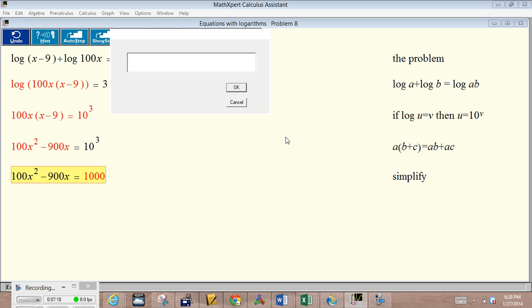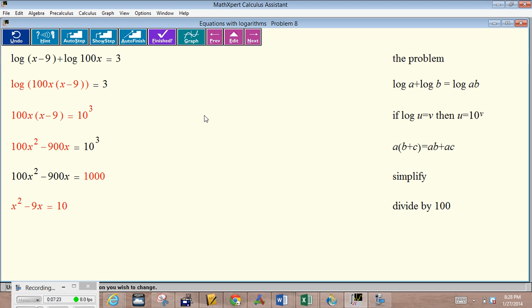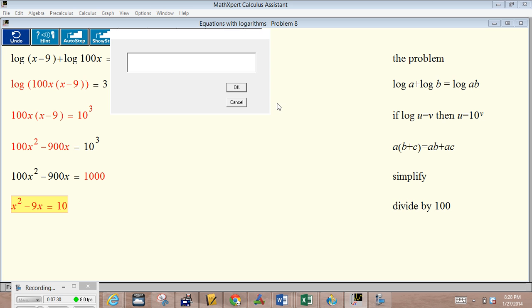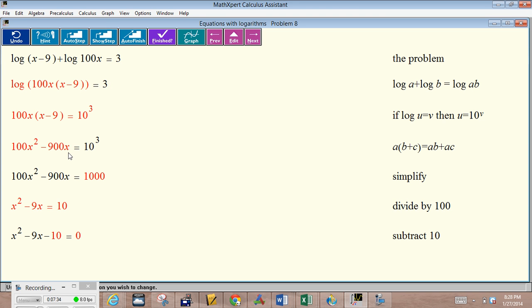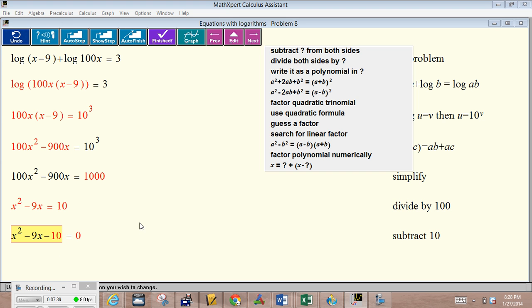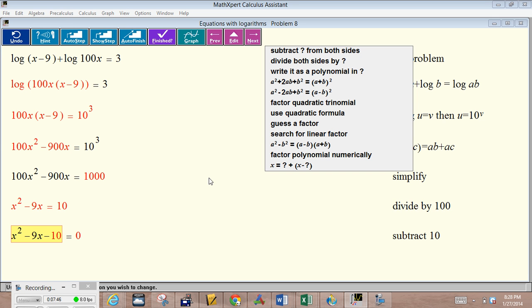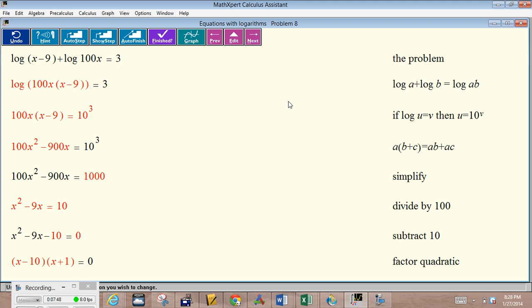That should make life a lot simpler. So there we are, and then we look like we have a factorable expression. Subtract a 10 from both sides, and yes, we have a factorable quadratic, so we're going to get the factors of that.